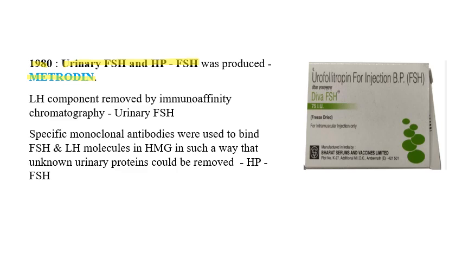Let's recall this. If we remove the LH component by using antibodies, we will get the urinary FSH. And by using a specific monoclonal antibody that will bind to FSH, we will get the highly purified FSH. In the next slide, we will discuss the flowchart.